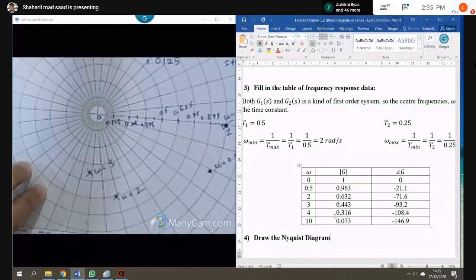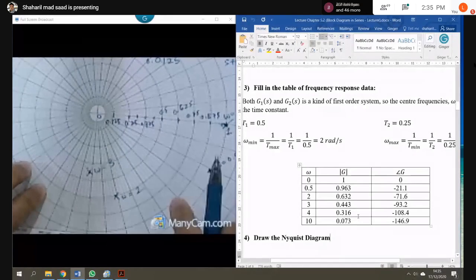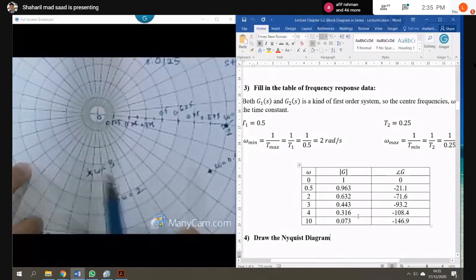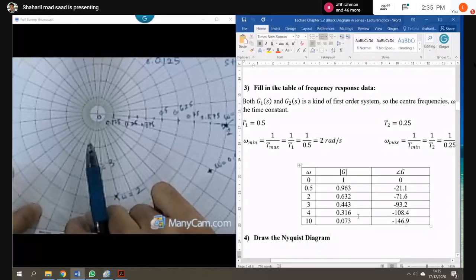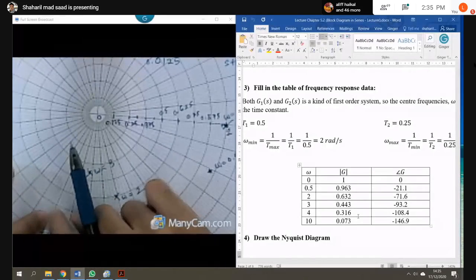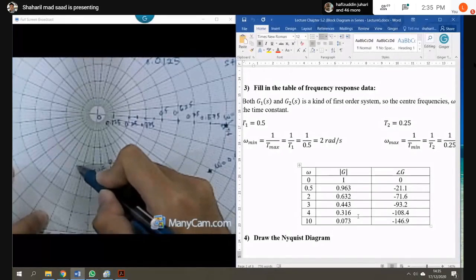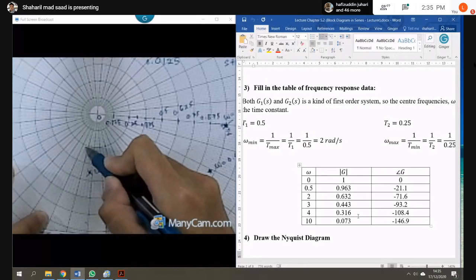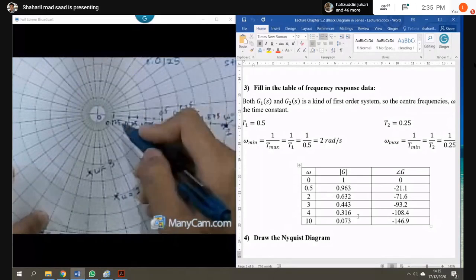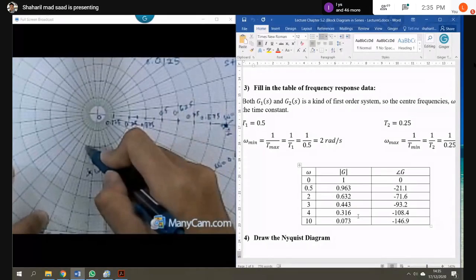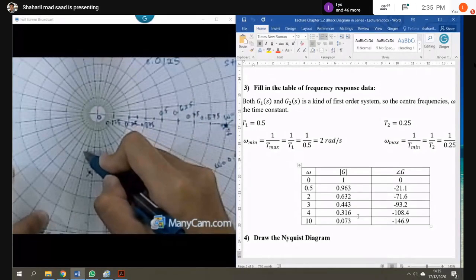And then the angle is 108, and this one 9 and 8 here. One, two, three, four, five.